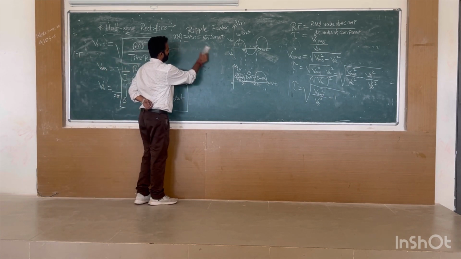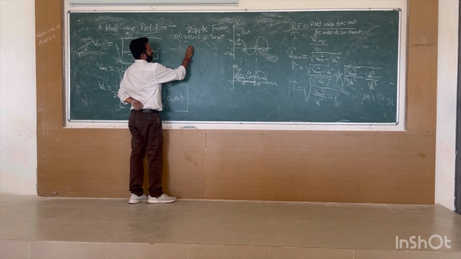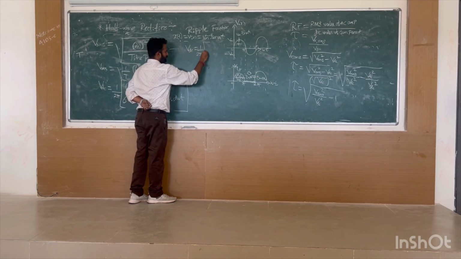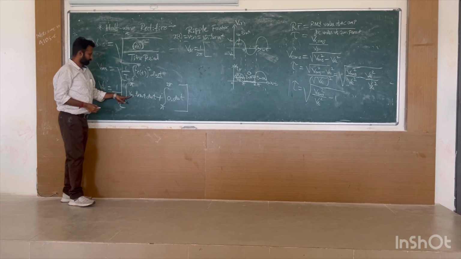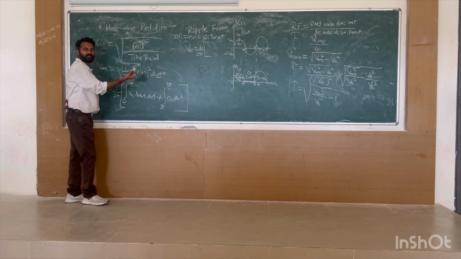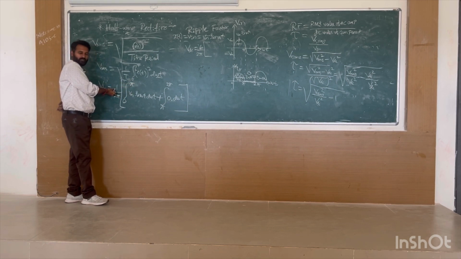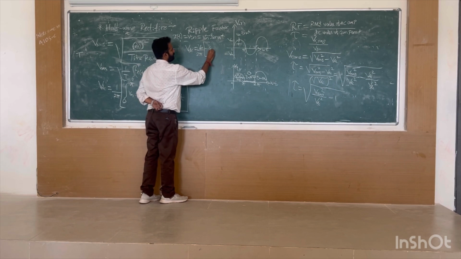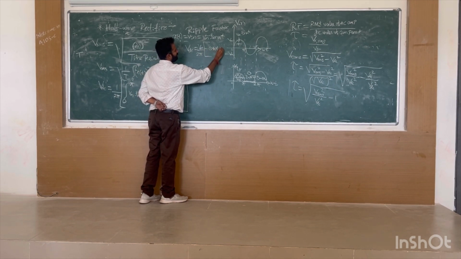VDC is equal to 1 by 2 pi under the bracket, integration of, I take Vm outside. Focus here. I will take Vm outside. Integration of sine is minus cos omega t.